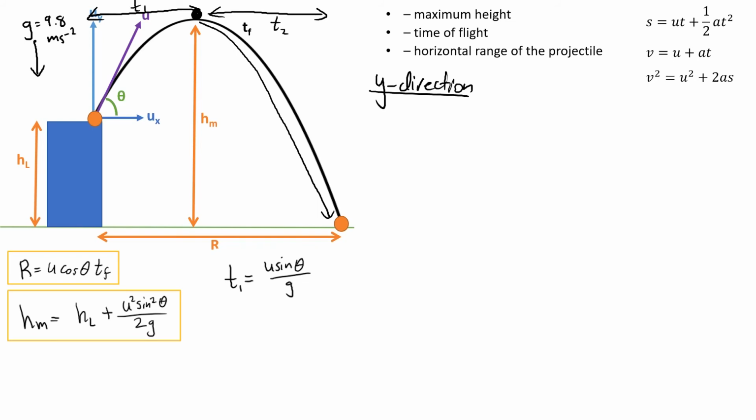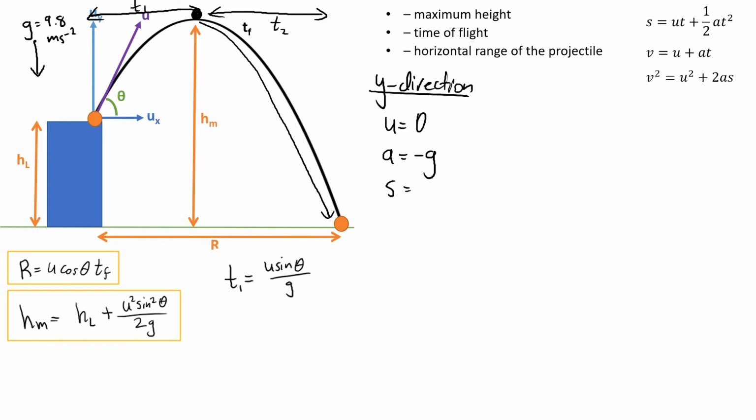Let's see what we know. U, the initial velocity, well, the initial y direction velocity, the initial vertical velocity is 0, right? That's what we used previously as v, but now that's our initial point, so u is equal to 0. A, as we've stated, is equal to negative g, it's acting in a downward direction. One other thing we know is s as well, right?